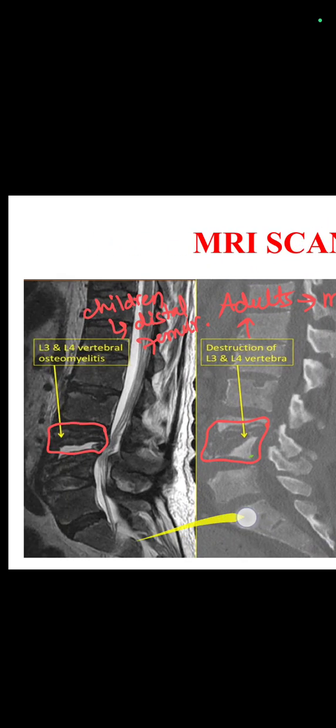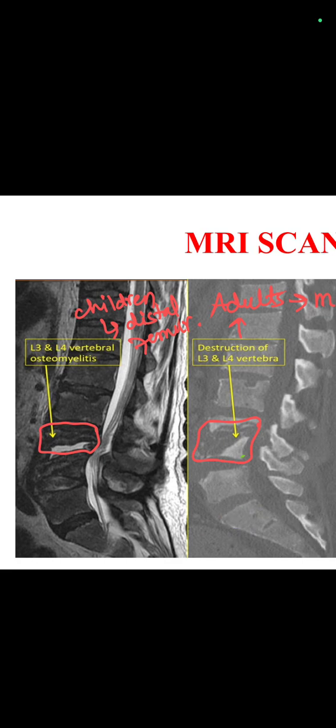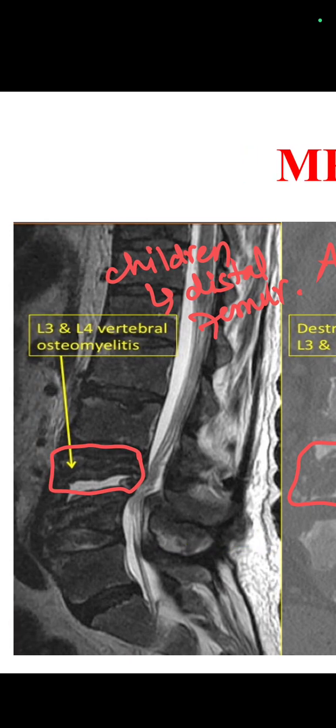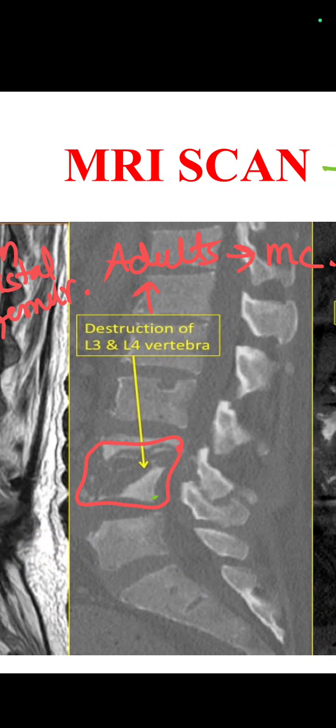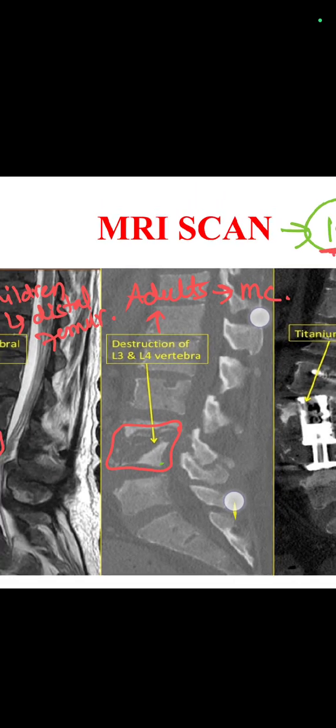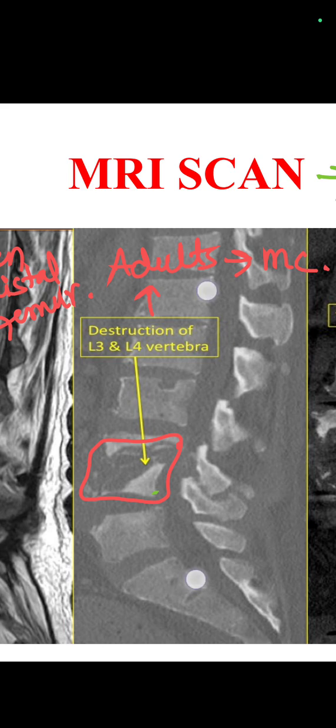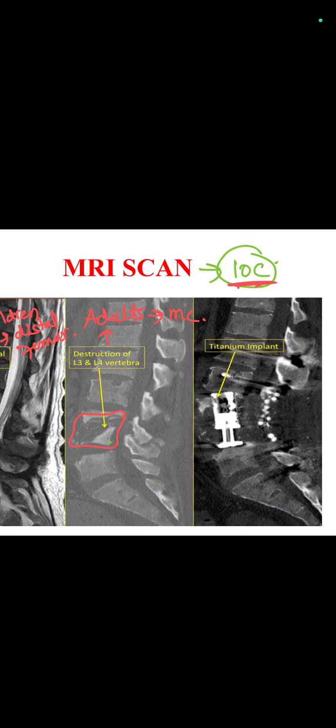MRI scan in children: distal femur, L3 and L4 vertebra osteomyelitis. We see here the white in the dark area. Here the white and dark are the same in the destruction of the L3 L4 vertebra. And here the titanium implant.